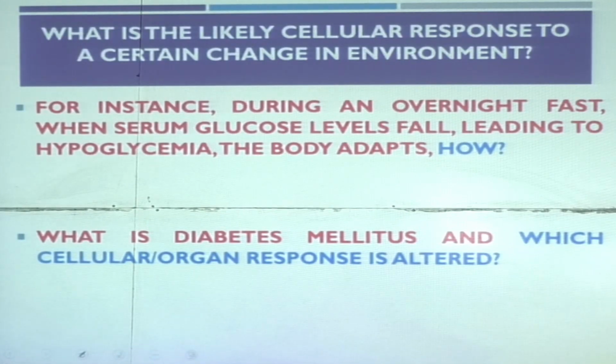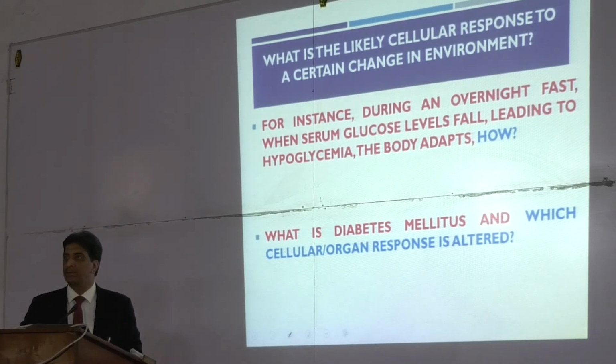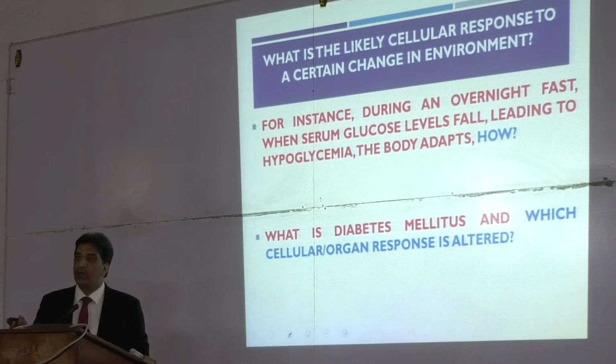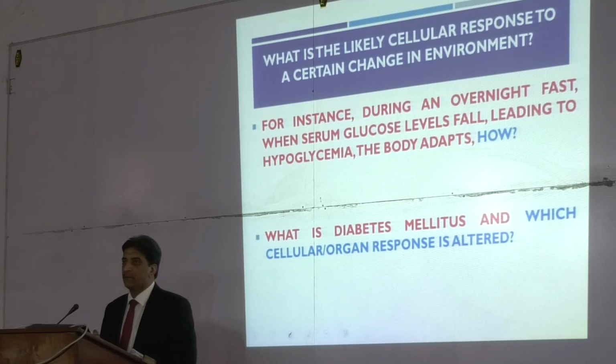So what is the likely cellular response to a certain change in the environment? This is your third question. For instance, during an overnight fast, when serum glucose levels fall, it leads to hypoglycemia.